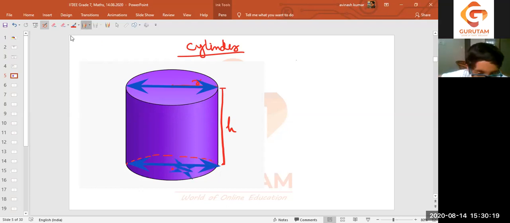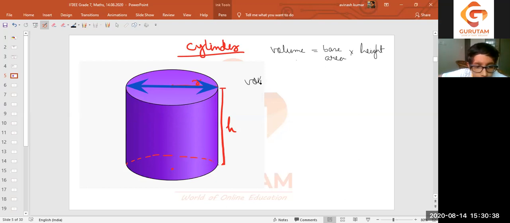I told you very early that the volume of any object we can calculate with the help of base area times height. So now, volume of cylinder: what is the base area?